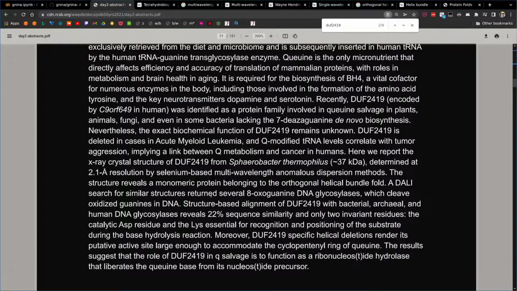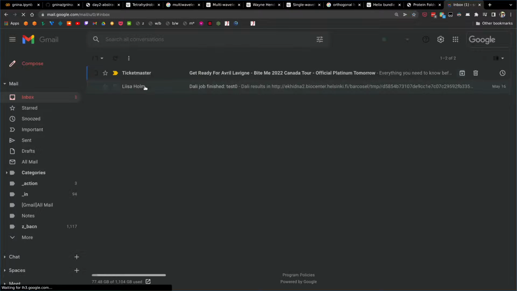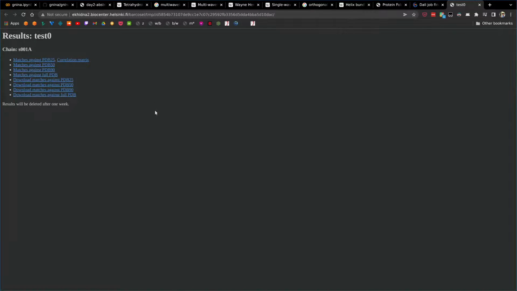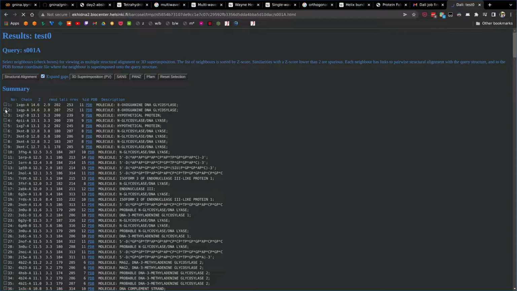A DALI search for similar structures returned several 8-oxoguanine DNA glycosylases, which cleave oxidized guanines in DNA. And now this is probably jumping too far ahead, but we can look at our DALI results here. And let's just look at the first few.